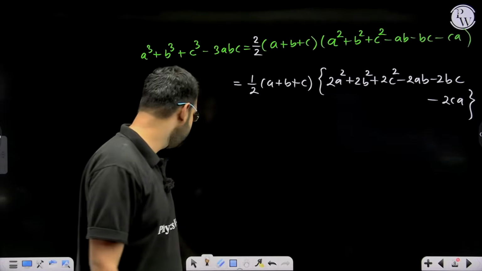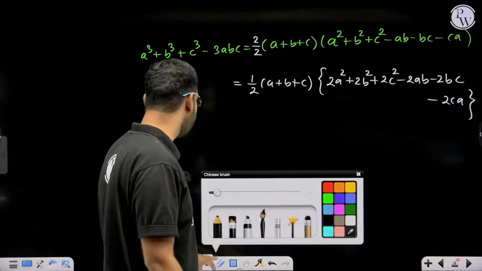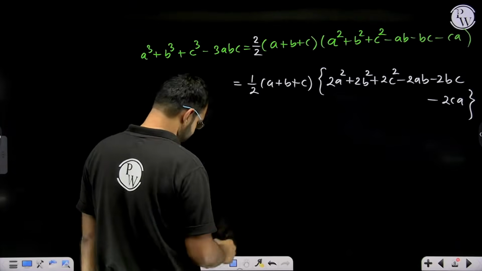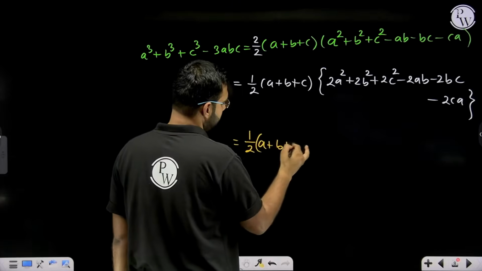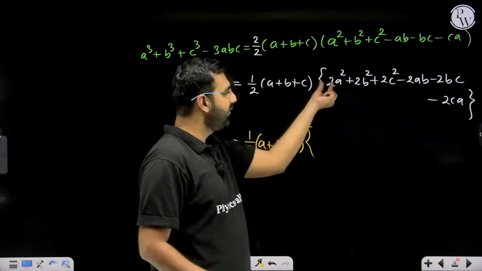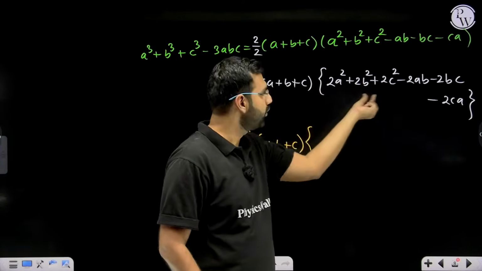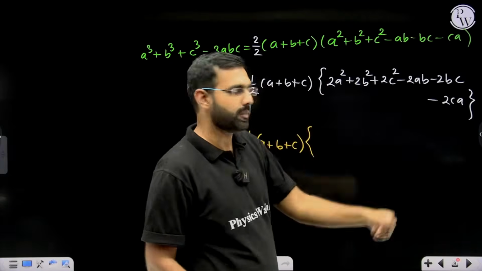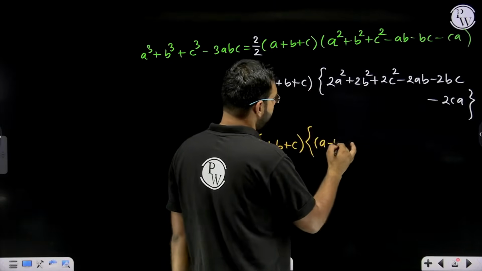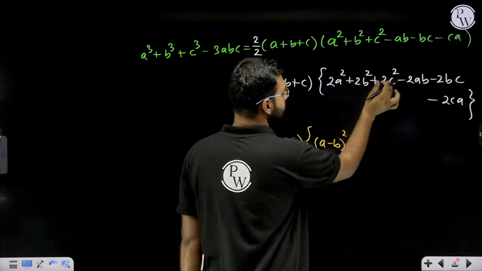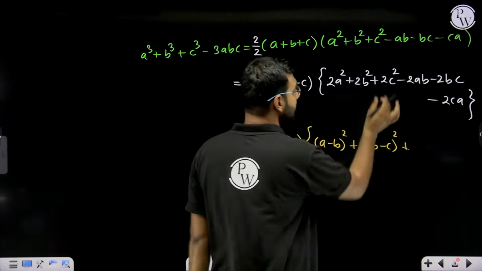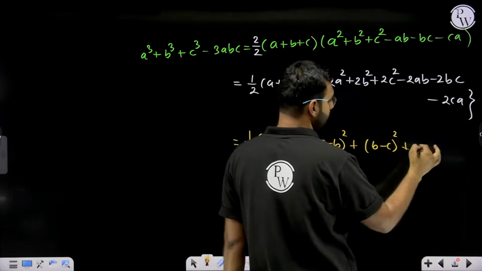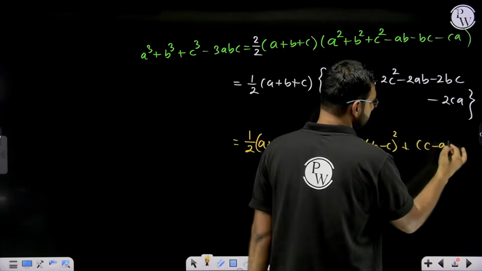I hope we can clearly see that something really interesting is happening here with this half of (a plus b plus c) remaining intact. If I take 1a square from here, 1b square from here, and this minus 2ab, a square plus b square minus 2ab gives you (a minus b) whole square. Then similarly, 1b square, 1c square minus 2bc gives you (b minus c) whole square. And with c square and a square with this minus 2ca, that gives you (c minus a) whole square.